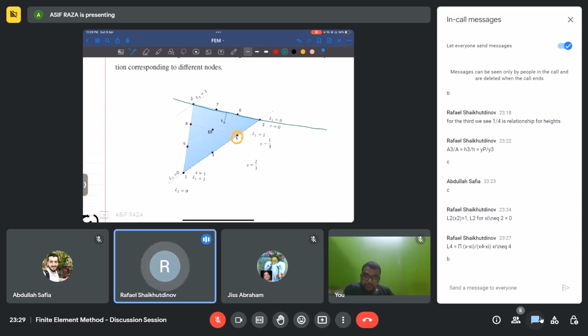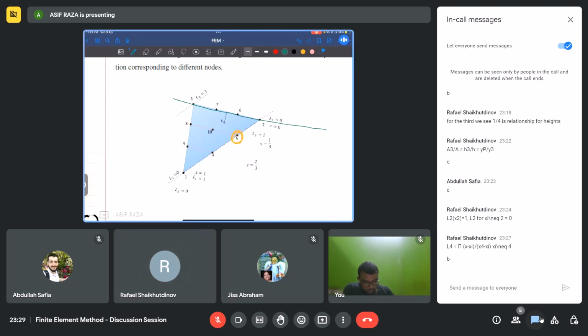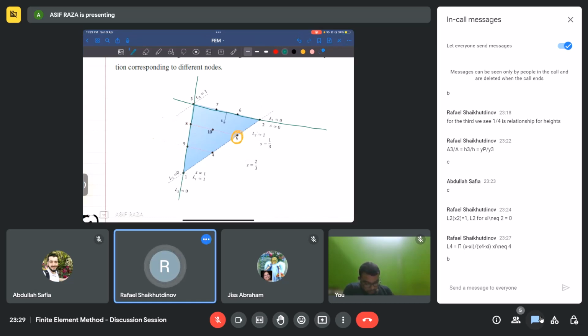For this L5, we are also choosing the line L2 equal to 0, which is this one. And we end up with nodes 4 and 10 here.